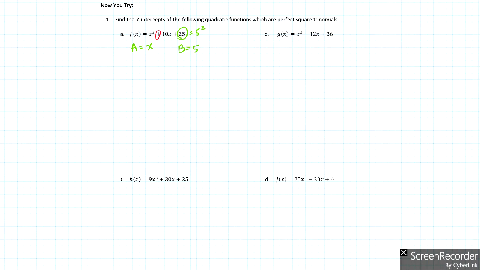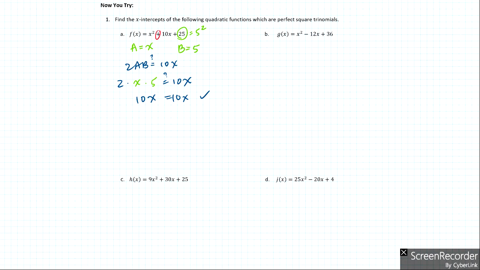Once we identify a and b, we can check whether 2ab is indeed equal to the middle term, whether it's equal to 10x or not. So if I have 2 times a, which is x, times b, which is 5, multiply this out, we indeed get 10x equals 10x.